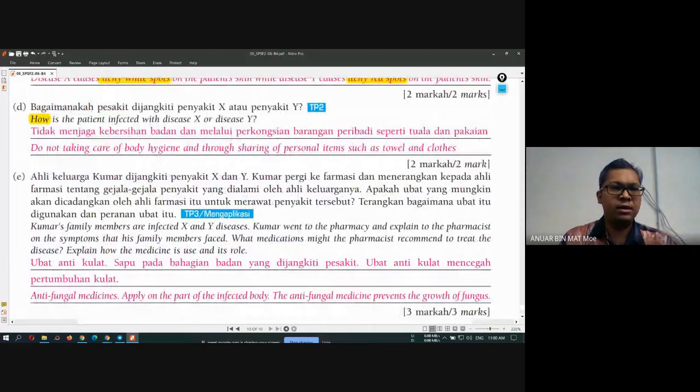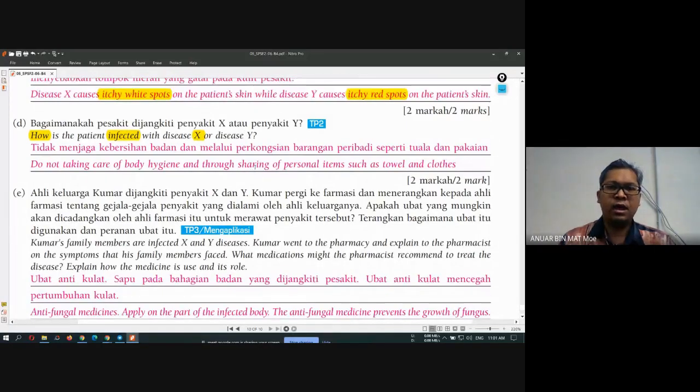How did the patient get infected with disease X and Y? Okay, how do they get infected? Not taking care of hygiene and sharing personal items such as towels and clothes. How many marks? 2 marks. So you may write 2 answers, or maybe 3, but I will only look for 2 correct answers.